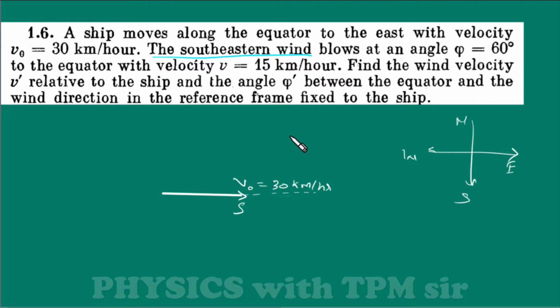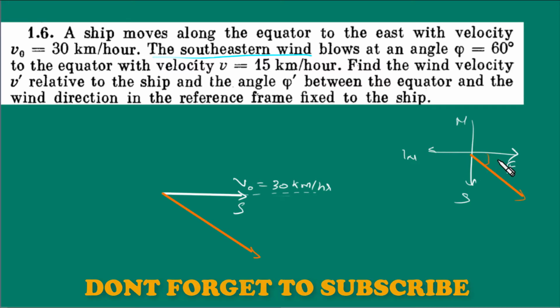That's it. Normally what students understood from this term is that they think the wind is blowing in this direction, southeastern, and making angle 60 degree with equator.